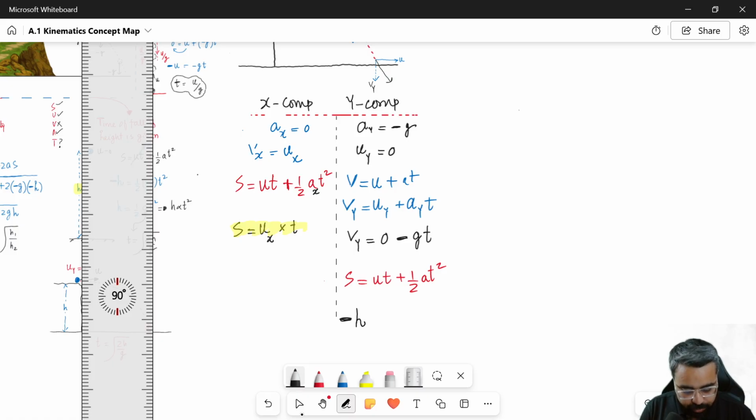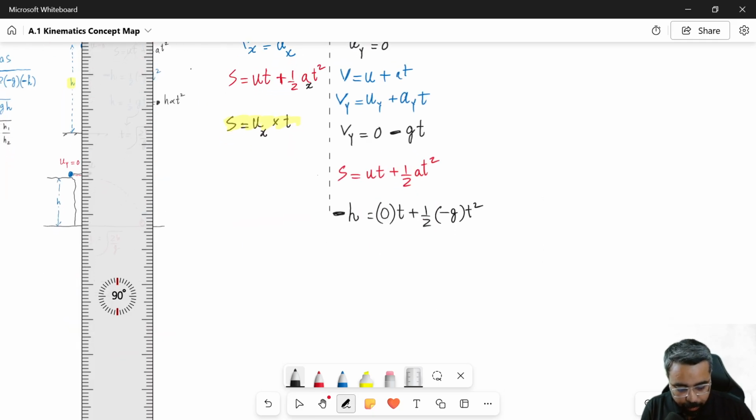Negative h, the height of the cliff, equals the initial vertical velocity 0 times t plus 1 over 2 into negative g into t square. So are you remembering we made the same equation? So h equals 1 over 2 g t square.